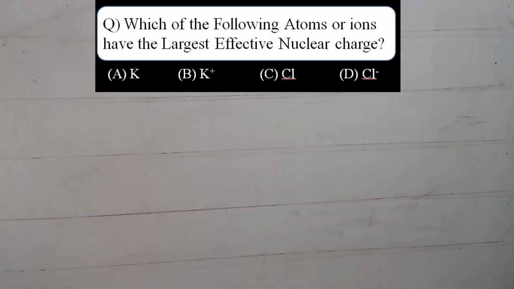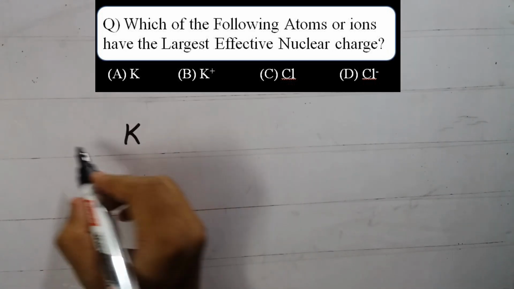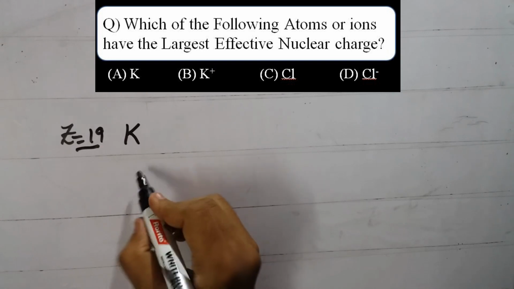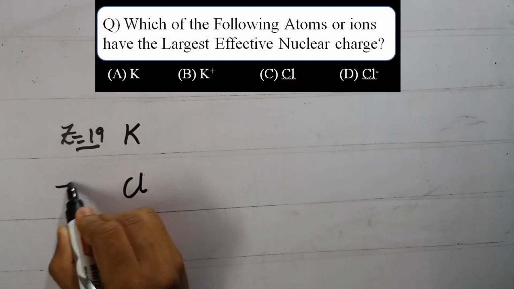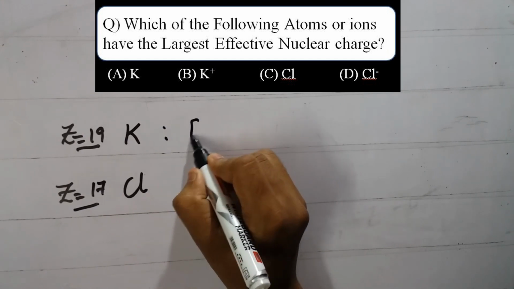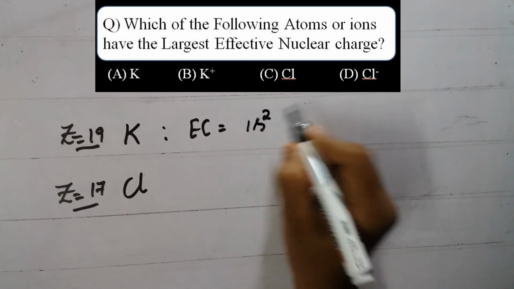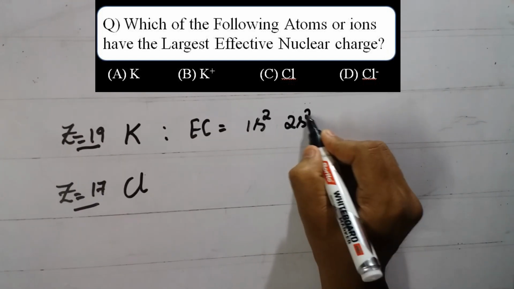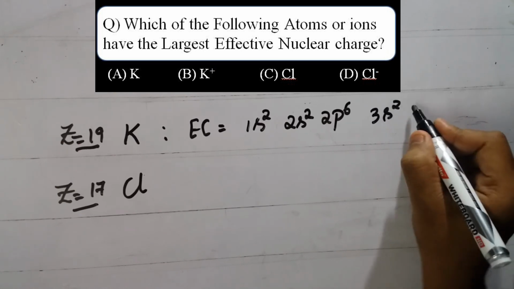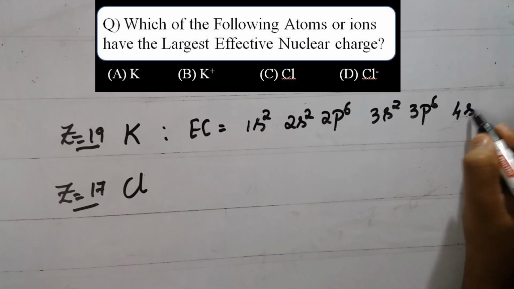Now coming back to the question, let's consider potassium, whose Z value is 19, and chlorine, whose Z value is 17. The electronic configuration of potassium is 1s2, 2s2, 2p6, 3s2, 3p6, then comes 4s1.